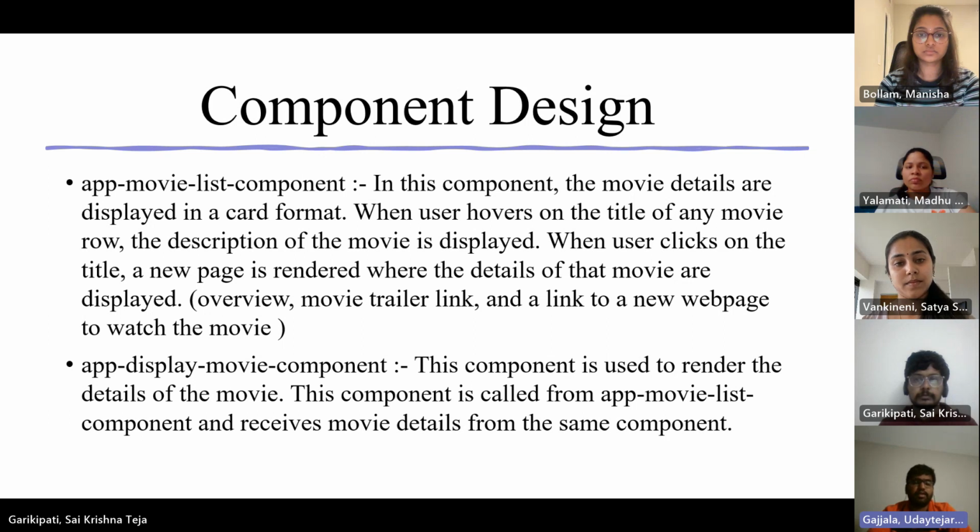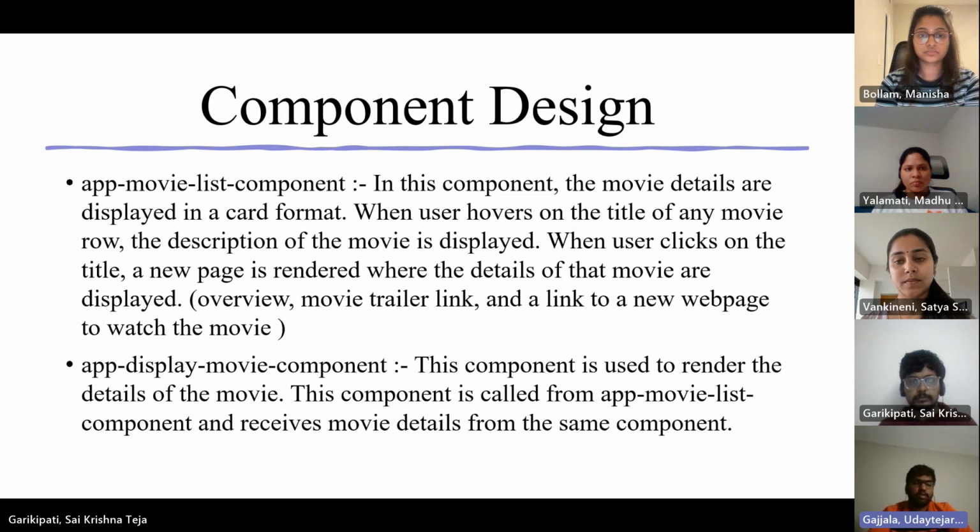And whenever the user clicks on the title, a page will be rendered, which will call the display movie component through the list component, and that will be displayed over the page regarding the movie trailer link and whatever the movie related components. All of the domain particular data will be displayed over here.